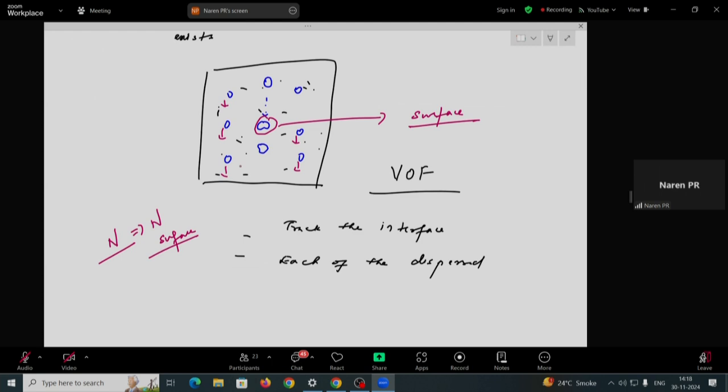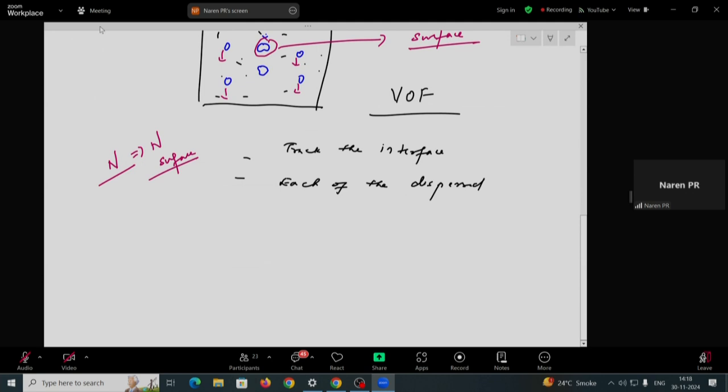Now, in some situations, the objective is to track the shape, to track the surface. Where could this be important? Suppose let us think of a spray where you are spraying a fuel. It can be a fuel injection system as part of an automobile, or it can be part of a burner.